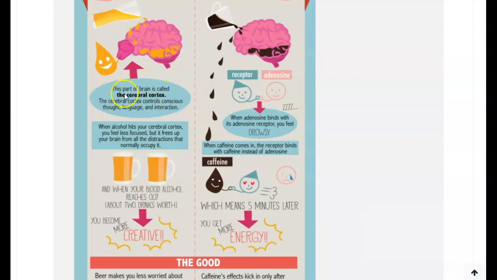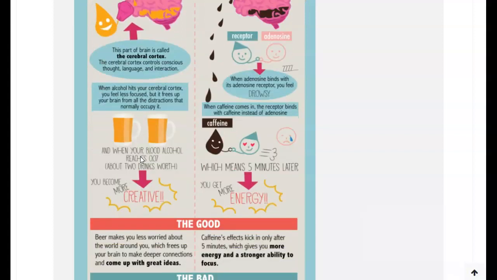Here it says this part of the brain is called the cerebral cortex, and the cerebral cortex controls conscious thought, language, and interaction. When alcohol hits your cerebral cortex, you feel less focused, but it frees up your brain from all the distractions that normally occupy it.